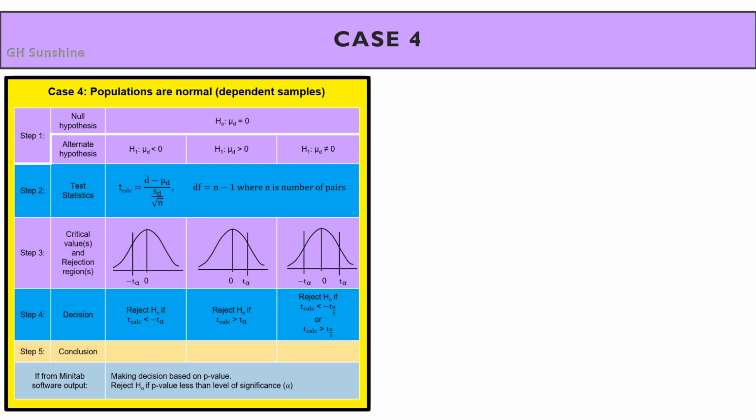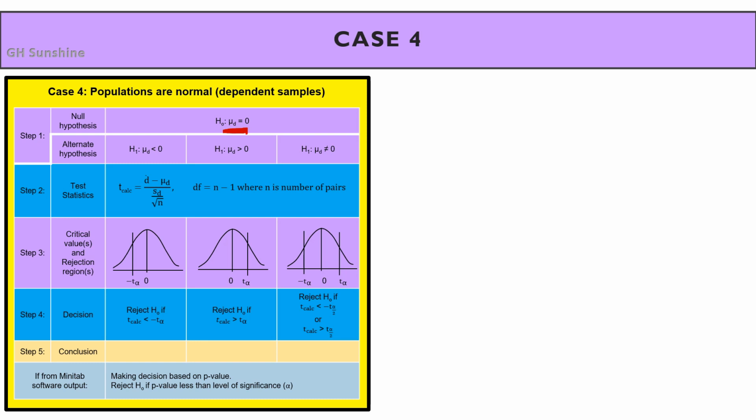Case number 4, populations are normal. This one is based on dependent samples. So for dependent samples, how to set up H0 and H1? Right here, mu D, we will use D. D stands for difference. So H0: mu D equals 0.